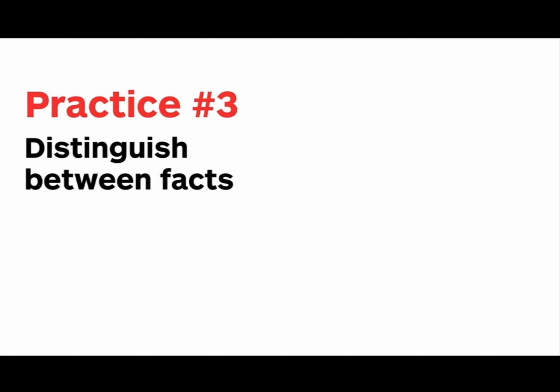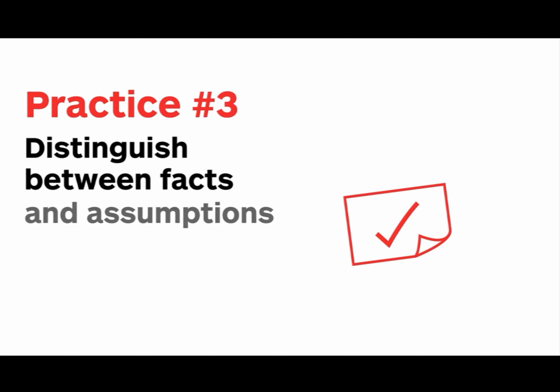Practice number 3. Distinguish between facts, those are the things that you know in your business model with certainty, and assumptions, those are the things that you don't know yet and that you still have to prove. Now that applies mostly to new business models that you're trying to design.